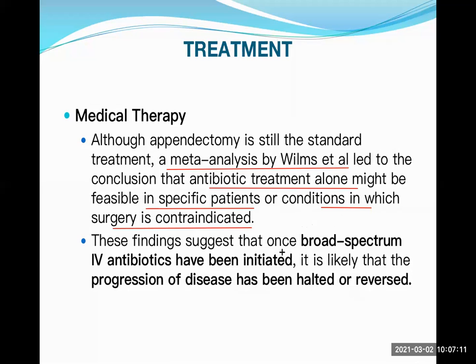During that time, surgery cannot be done. So what is the next option for us? Medical therapy. These findings suggest that broad spectrum IV antibiotics should be initiated, okay, and patients should be admitted in the hospital and monitored for progress. And usually the patient will be better.